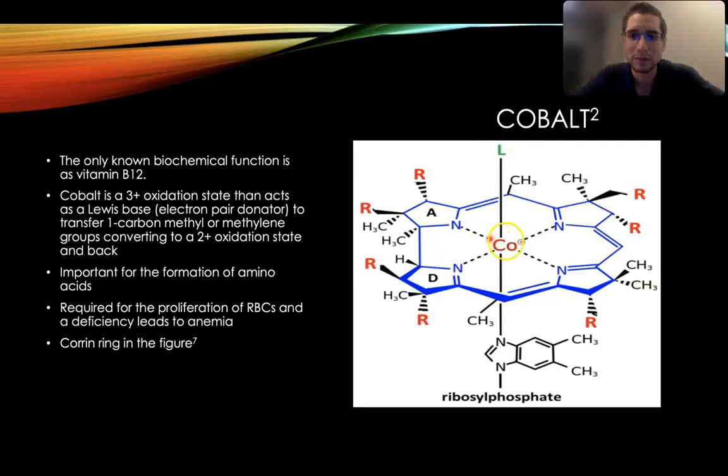I also picked this picture because this organometallic complex with cobalt right in the middle does a really good job of illustrating how it's sort of packaged and it interacts with these specifically nitrogens of surrounding amino acids as kind of like a box.